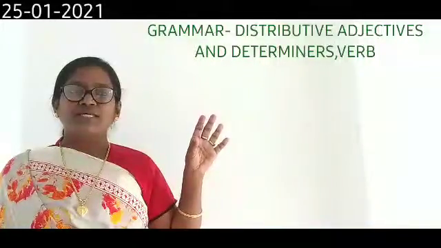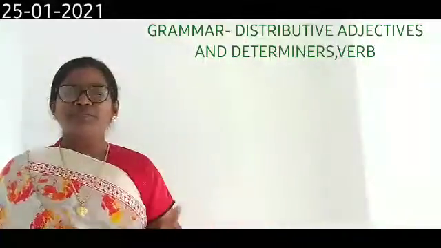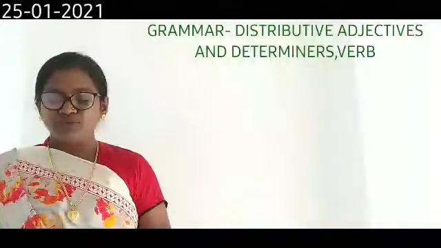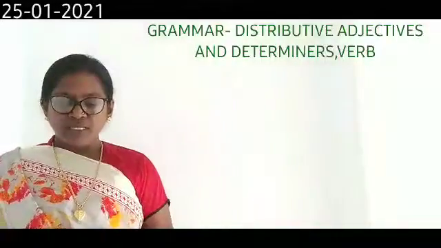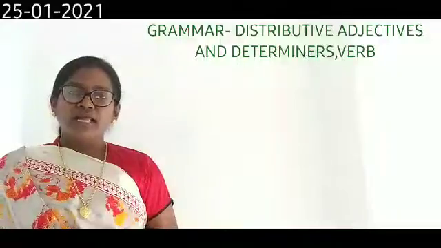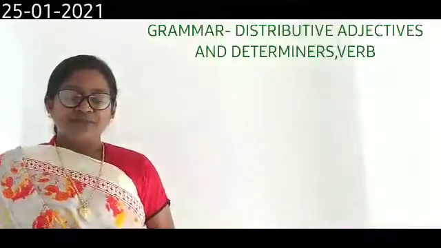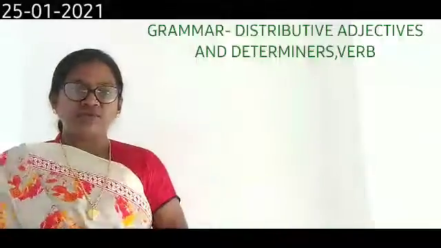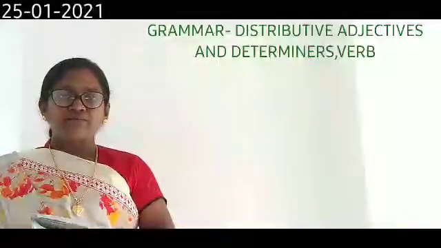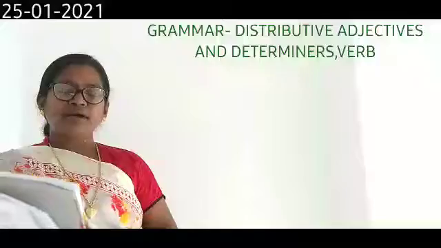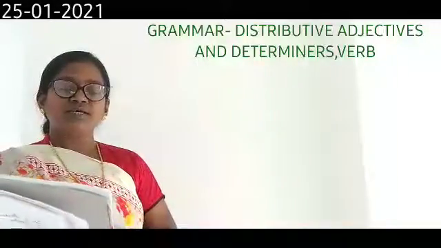Okay, to take some more examples, I just wanted to give you, when it comes to verbs, action verbs are different, helping verbs are different, and linking verbs are different. Here linking verbs are none other than am, are, was, were.